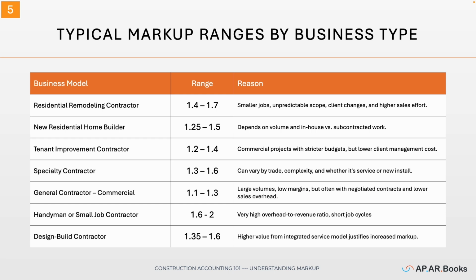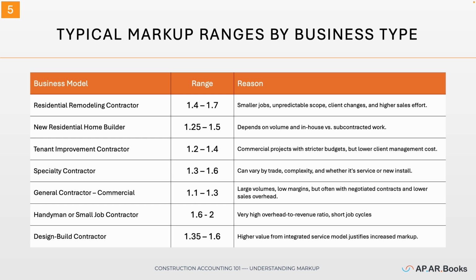Now, let's take a look at some typical markup ranges for different types of construction businesses. Residential remodeling contractors often use markup between 1.4 and 1.7 because of smaller jobs, unpredictable scope, and more client changes that require higher sales effort. New home builders usually fall between 1.25 and 1.5, depending on how much work is done in-house versus subcontracted.